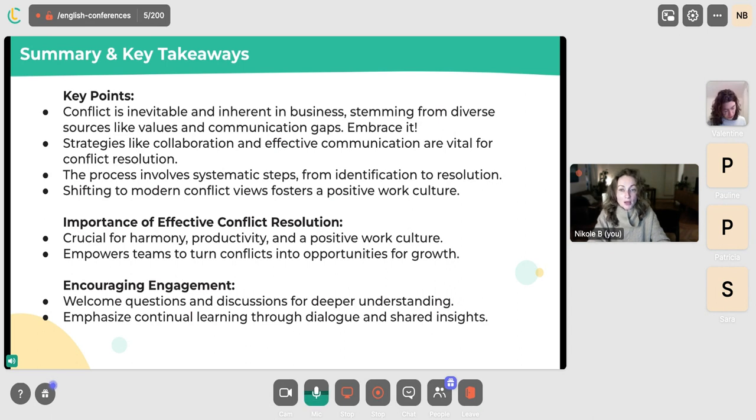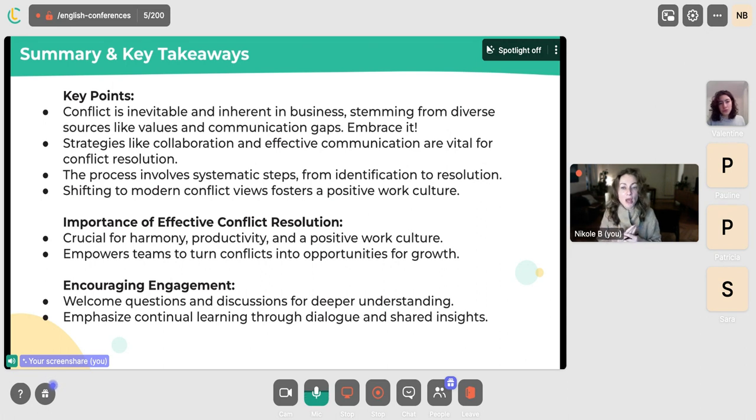The process to resolving conflict has systematic steps, and you should follow those steps 1 through 8 in order to identify the best resolution. And you should shift your ideas to more modern conflict views where you foster a positive work culture and not have the mindset of, oh, this person is always causing problems.